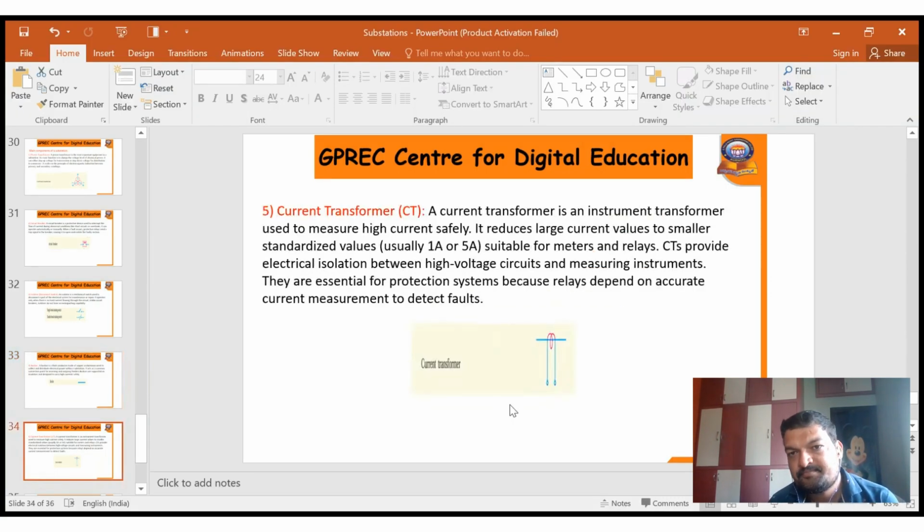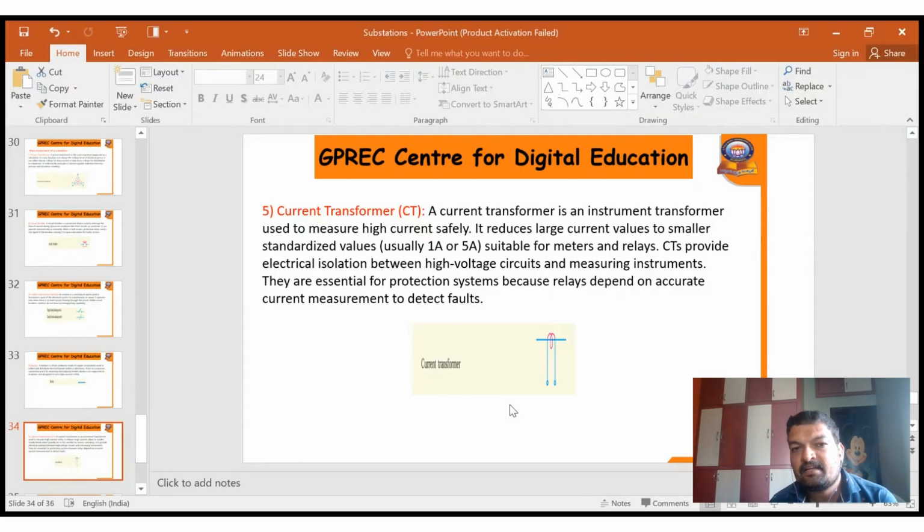Next, the current transformer. A current transformer is an instrument transformer used to measure high current safely. It reduces large current values to smaller standardized values suitable for measuring meters and relays. Large currents are difficult to measure, so we use current transformers.